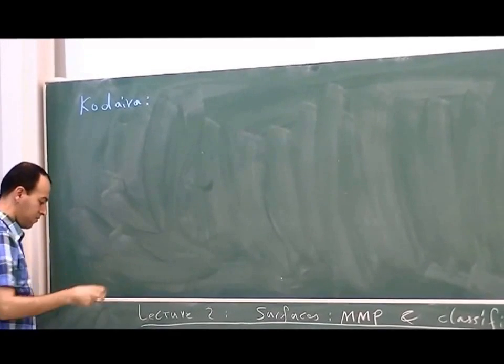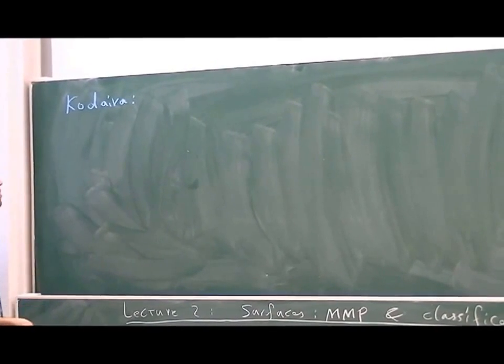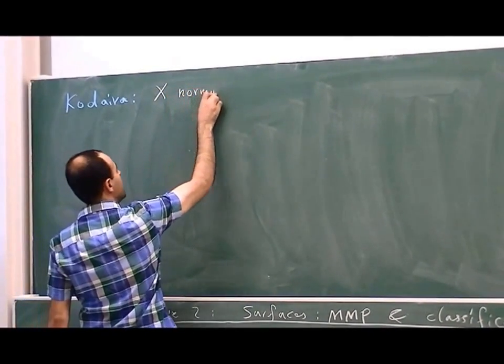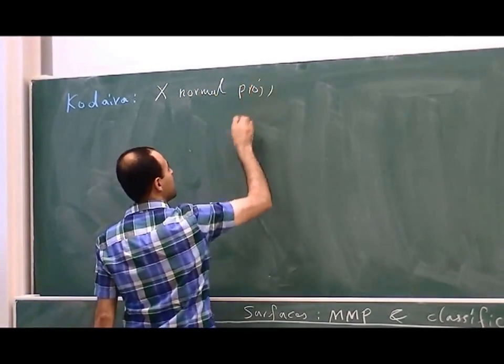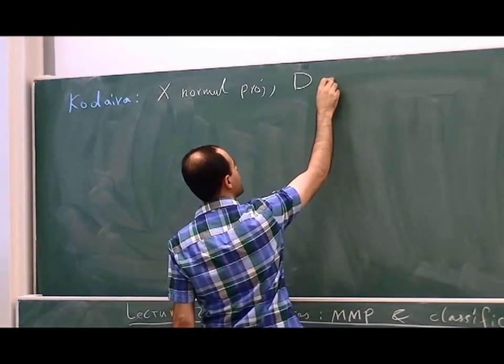So I have to make a few definitions before we get to the more exciting part. Here, suppose that X is normal projective, and suppose that D is some Cartier divisor.